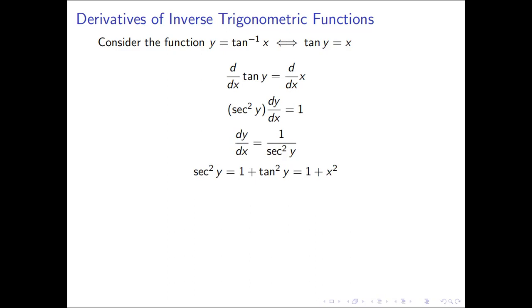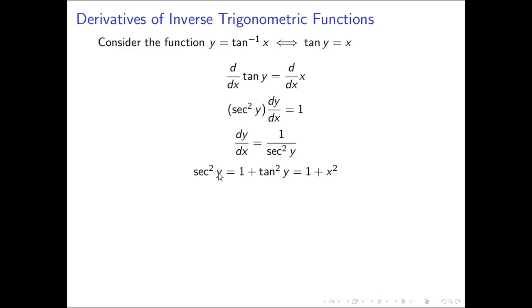But anyway, it's just for you to know that secant squared y equals 1 plus tangent squared y is an identity relating two trigonometric functions here, tangent and secant. So if I want to solve for secant squared y, I just evaluate 1 plus tangent squared y. And based on this one here, what is tangent y? It's x. So what's tangent squared? Squaring, you get x squared.